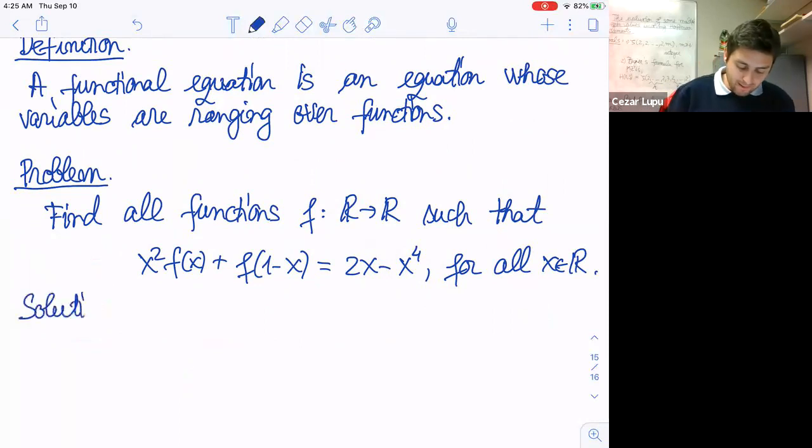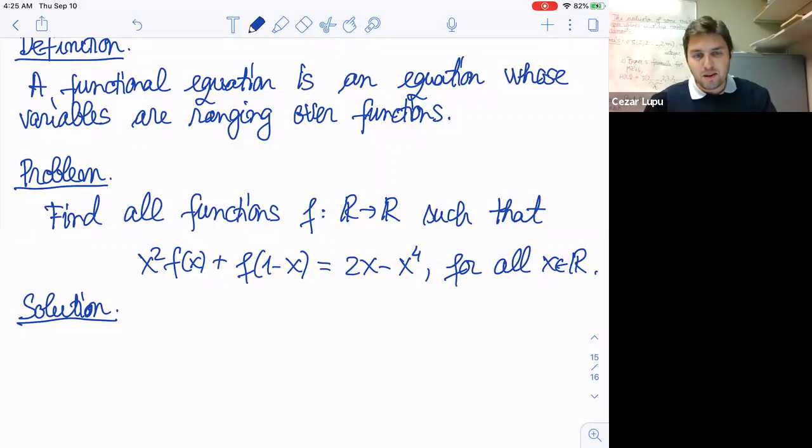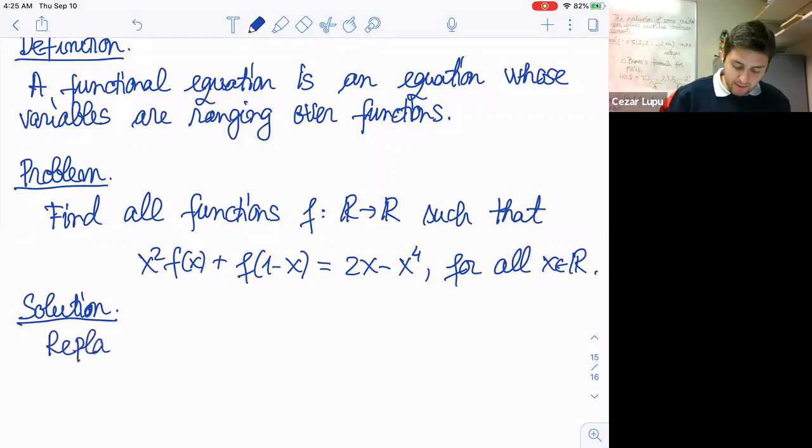Okay, so this is a simple one. You'll see why. If you look here, you have the variables x and 1 minus x. Maybe you should interchange them a bit. So the idea is to replace x by 1 minus x.